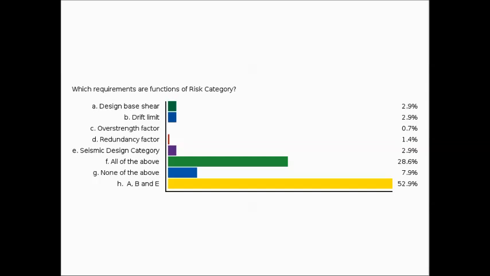Yeah, so the answer is A, B, and E. For those of you who said all of the above, we did throw a couple of extra ones in there. I guess we're a little mean. The overstrength factor is just a function of the system that you've selected, and the redundancy factor is related to the distribution of lateral elements. Neither of those is tied to the risk category.